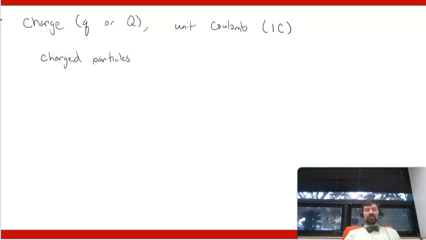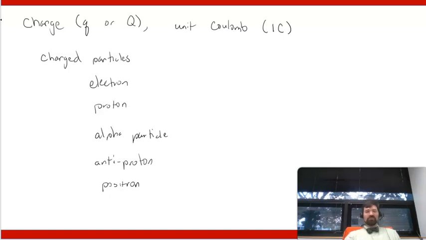Some of the ones that you're probably most familiar with or have heard about are the electron, the proton, maybe an alpha particle, and antimatter particles, like the antiproton, positron, etc. And then a virtual one, basically an electron hole. This is a virtual particle.